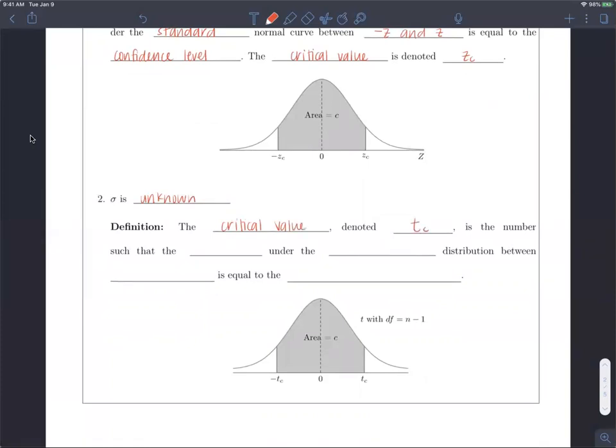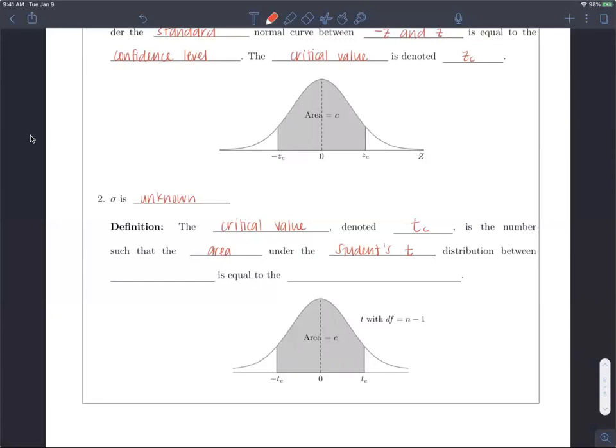And so when you don't know sigma, remember, we used the t-test when we were doing the hypothesis testing. And so our critical value is going to be t sub c. And what this is, it's just a number, and it's the area under the student's t distribution. So remember that one, I think we had talked about it when we still had class in person, right?